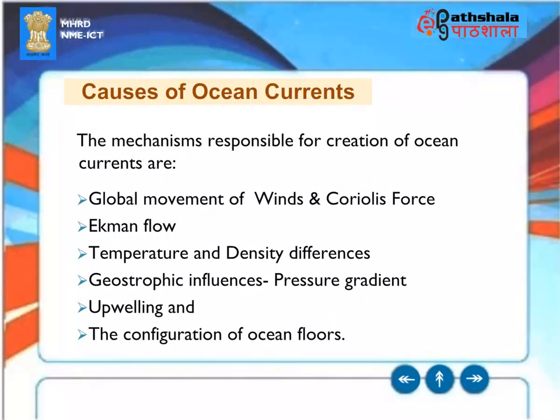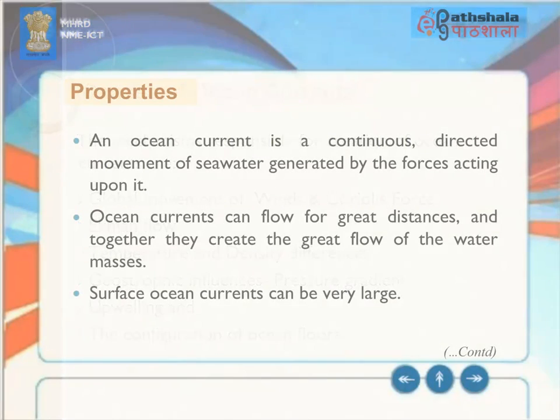The mechanisms responsible for creation of ocean currents are global movement of winds and Coriolis force, Ekman flow, temperature and density differences, geostrophic influences, pressure gradient, upwelling, and the configuration of ocean floors.